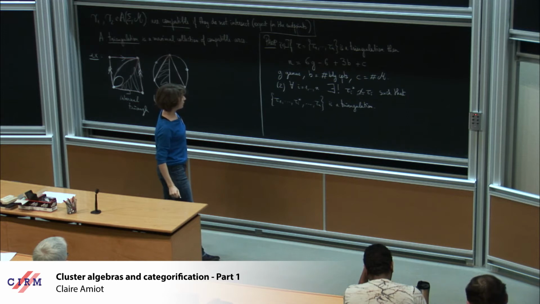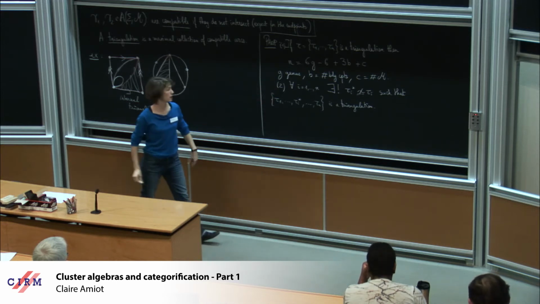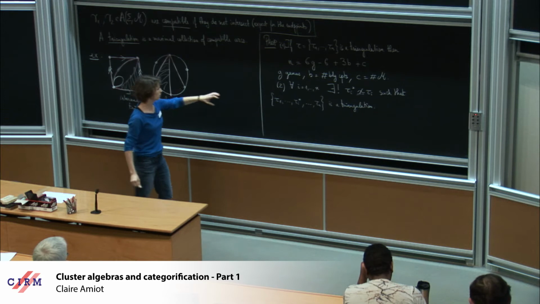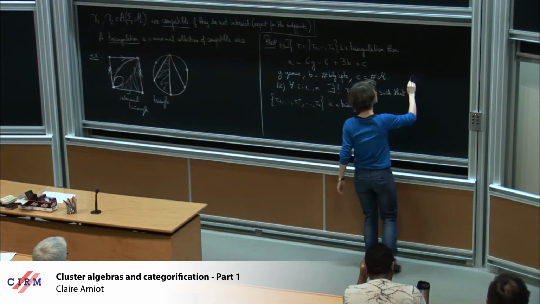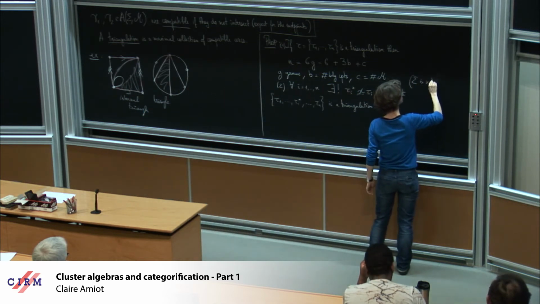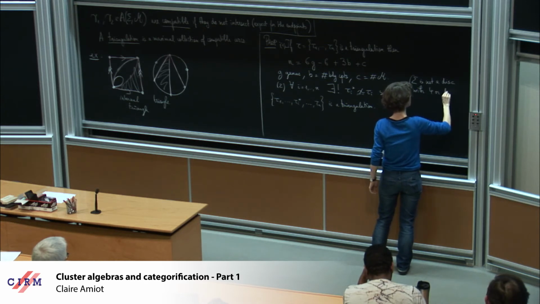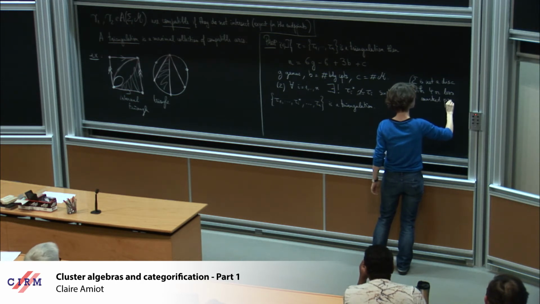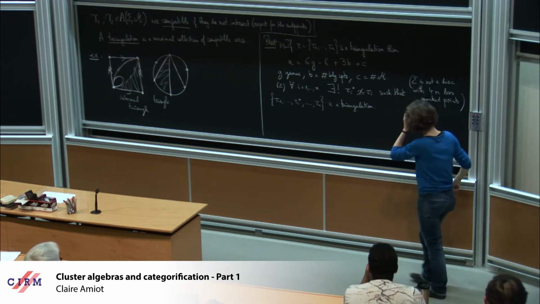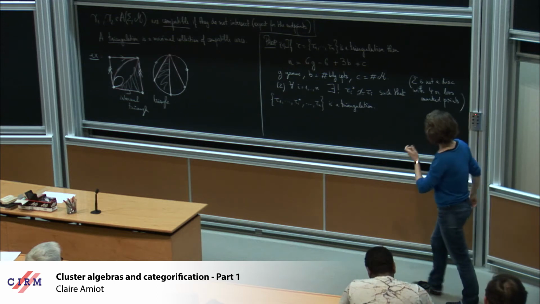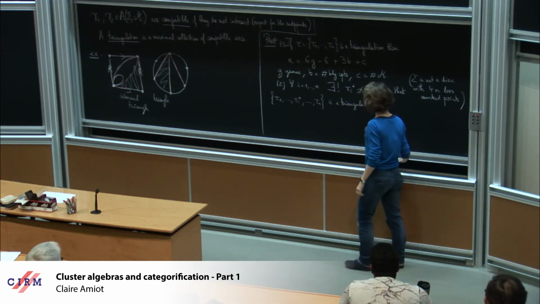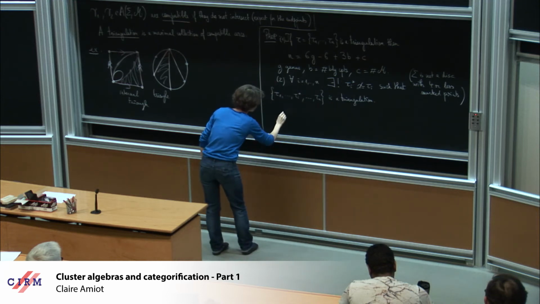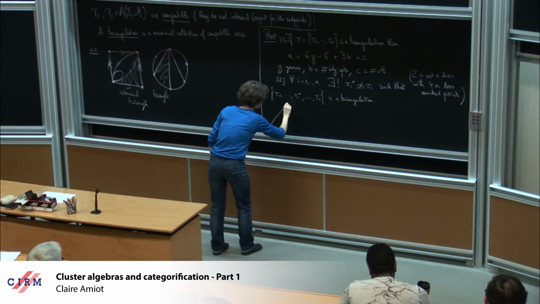And here also you have to exclude the situation where sigma is a disk with 4 or fewer marked points. Okay. And the picture is really easy.